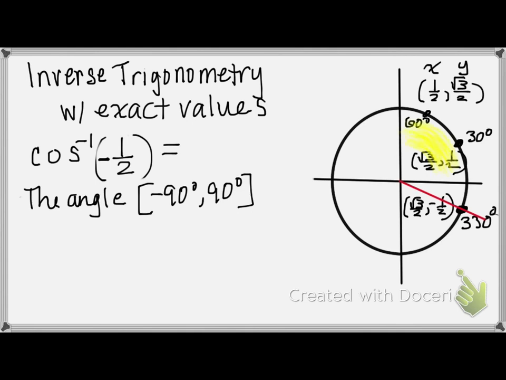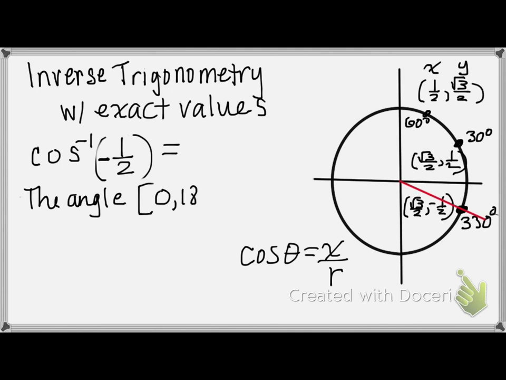If you look over here on this side of the graph, if I stay on that side of the graph, I'll never get a negative x value. And anybody who knows anything about trigonometry and the unit circle knows that cosine theta is equal to the x value. So I need to have some negative x values. The way that I'm going to get that is say that we're going to be on the interval from 0 to 180 degrees.